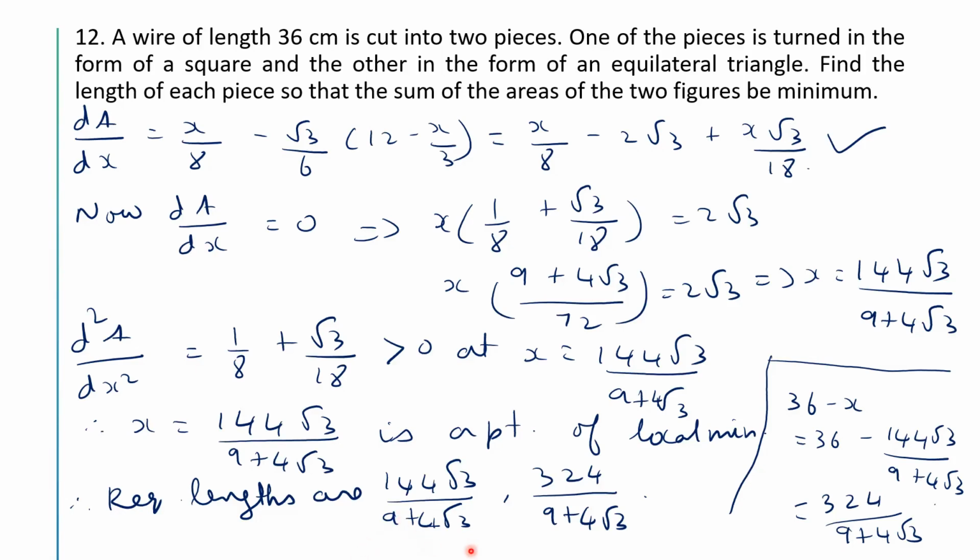So these are the lengths in which the wire should be cut. So we have this length of the wire should be turned to form a square, and this length should be turned to form an equilateral triangle, so that the sum of their areas is minimum.